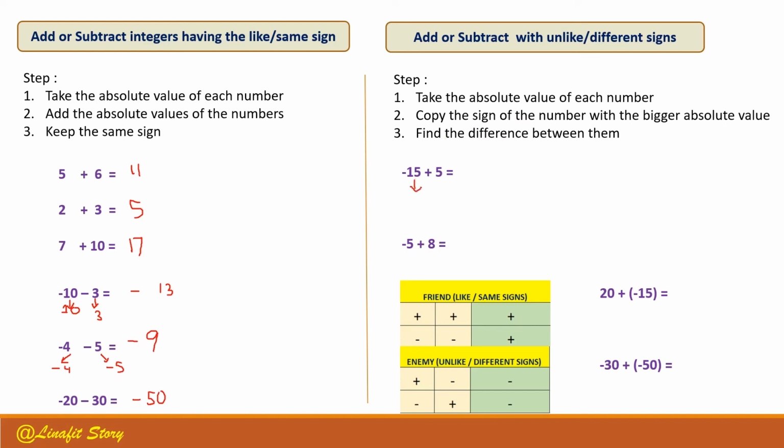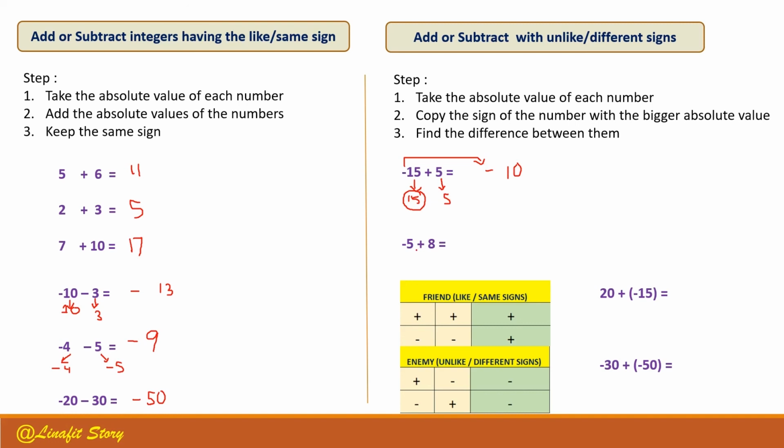The absolute value of negative 15 is 15. The absolute value of positive 5 is 5. Which one is bigger? 15. So you just copy the symbol or the sign. So the result over here must be negative. Then the difference between 15 and 5 is 10. So the answer is negative 10.